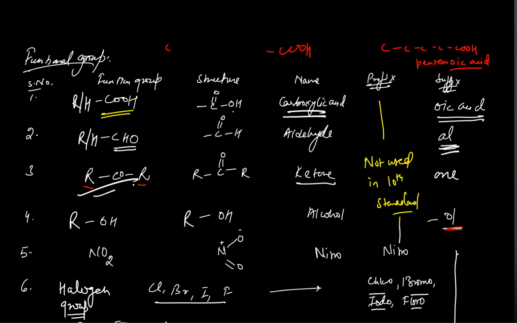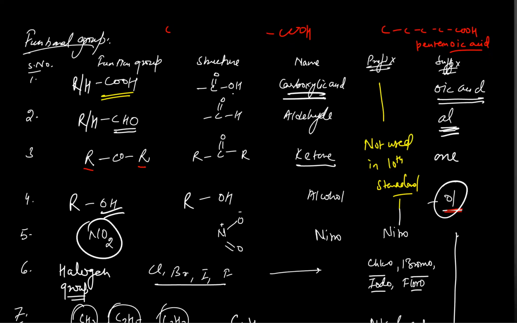The suffix of ketone is one. The suffix of alcohol is ol. The prefix of NO2 is nitro, and the halogens are chloro, bromo and iodo. So let's start studying the IUPAC name. Then we will learn isomerism, which is important. So let's start studying.